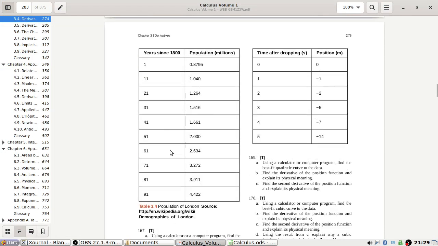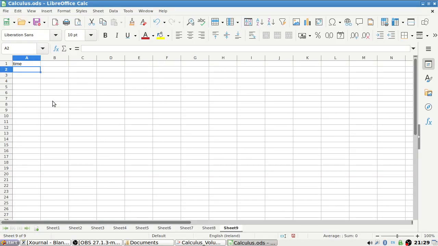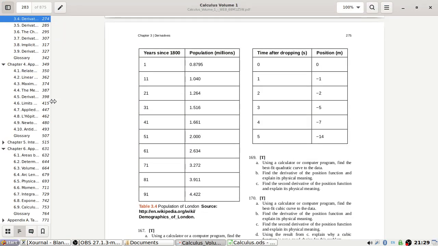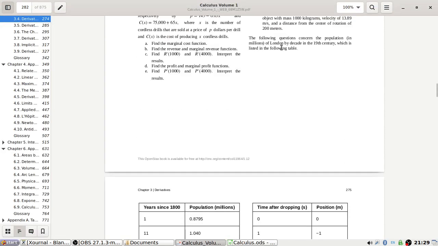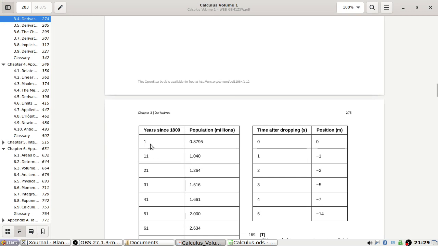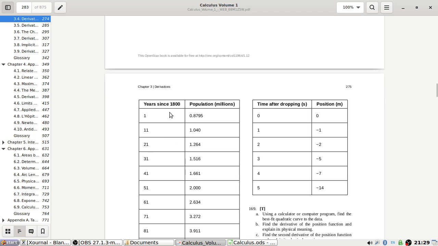We'll call this time 1, not 0. Okay, a bit weird. By decade, years since 1800. I'm going to say that's like the end of 1800.